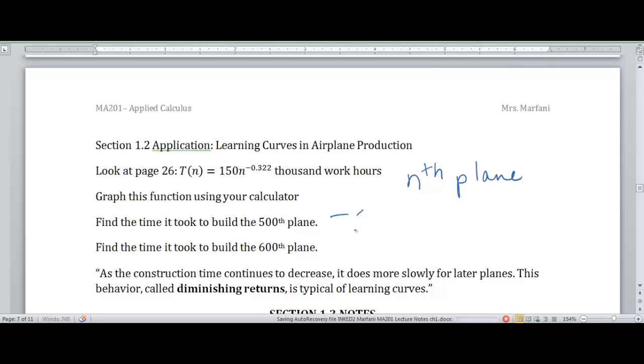So T of 500 is 20.28 thousand work hours, right?